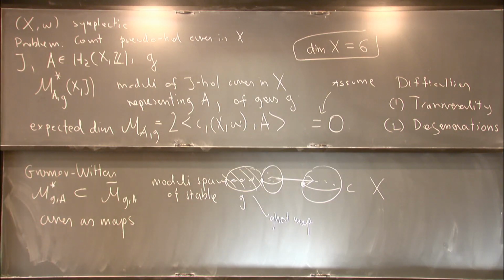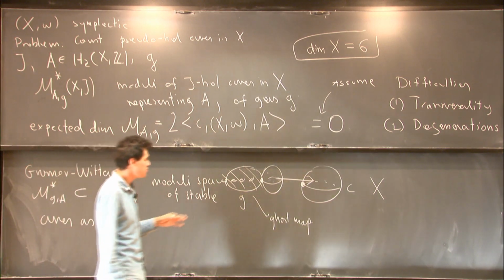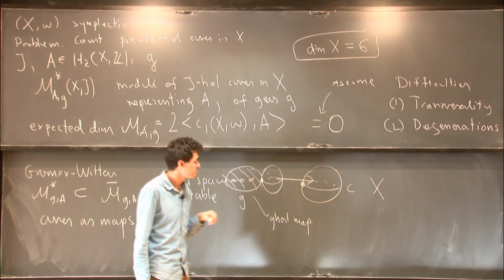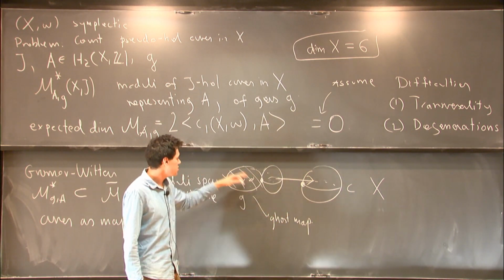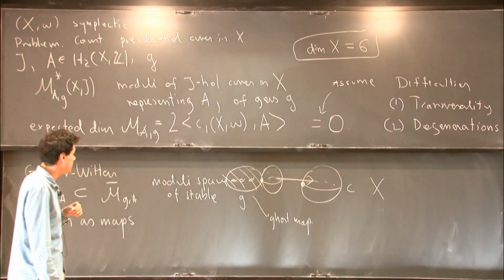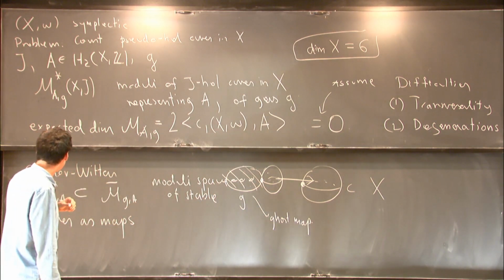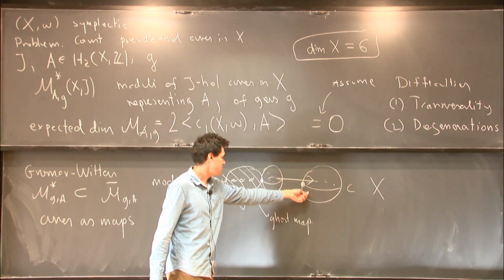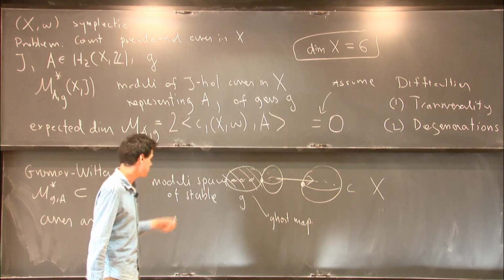So you see this interesting phenomenon that even if you started with a single embedded genus 0 curve in X, it produces all these maps for any genus, and it produces non-trivial contributions to the Gromov-Witten invariants of any genus, even though it's just an object of genus 0.